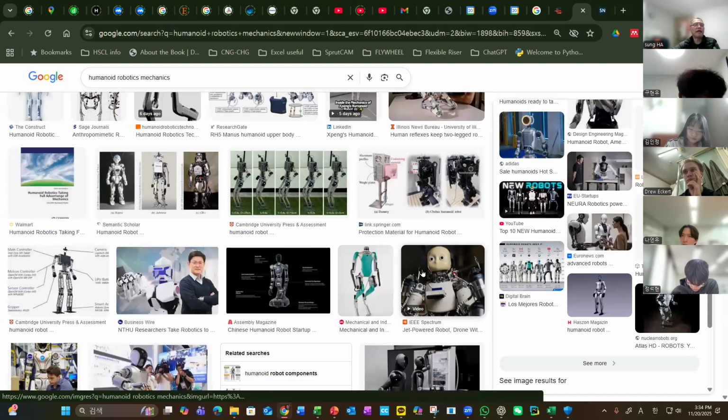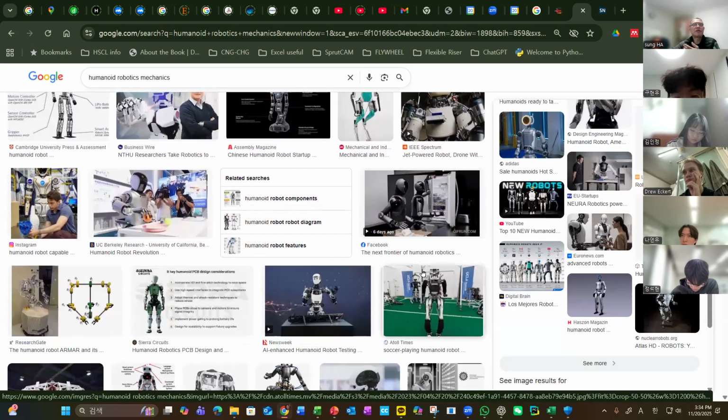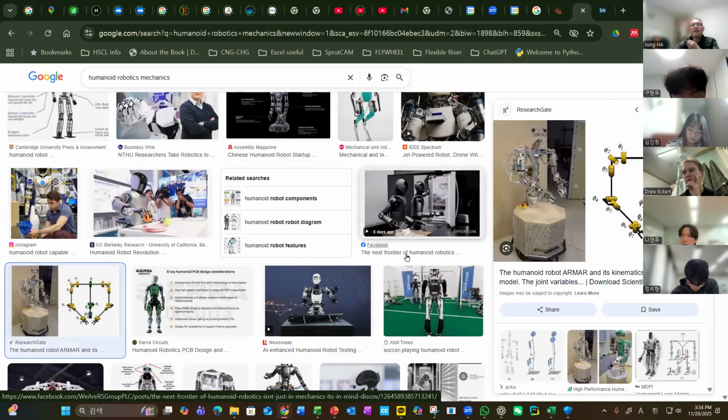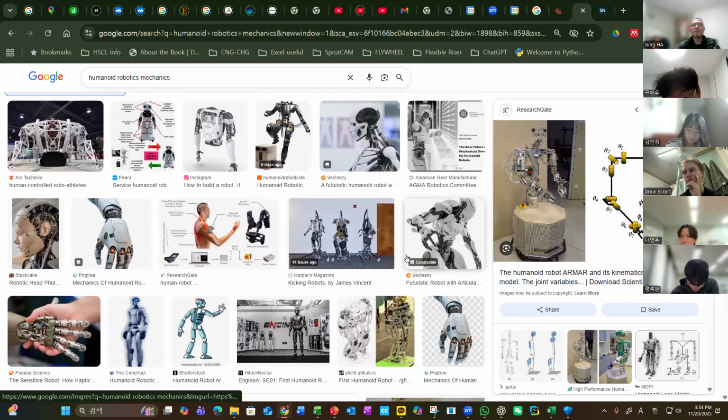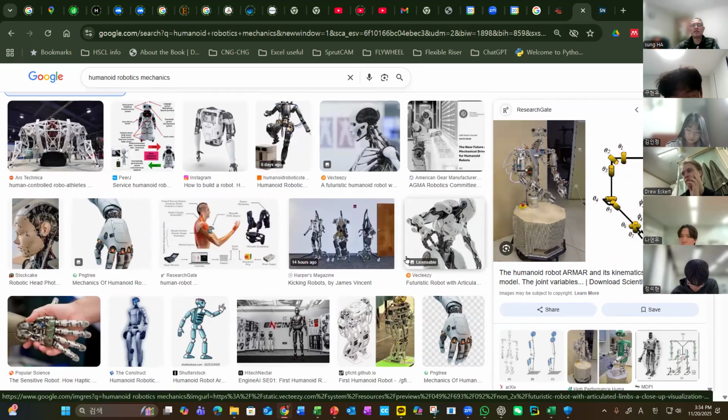In the old days we called it biomechanics, but now it is applied to the design of a humanoid. And now the brain is totally not like the old one. This is a totally new paradigm of the control system, sensors, and actuators.